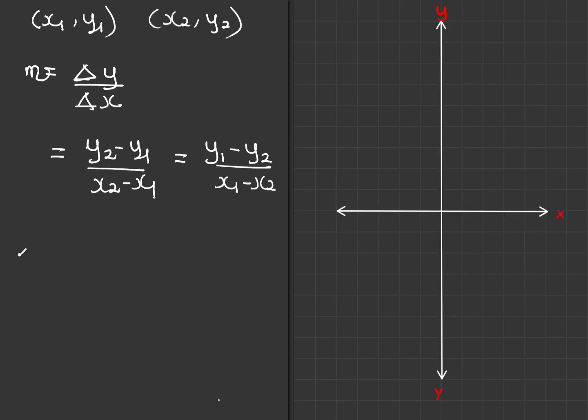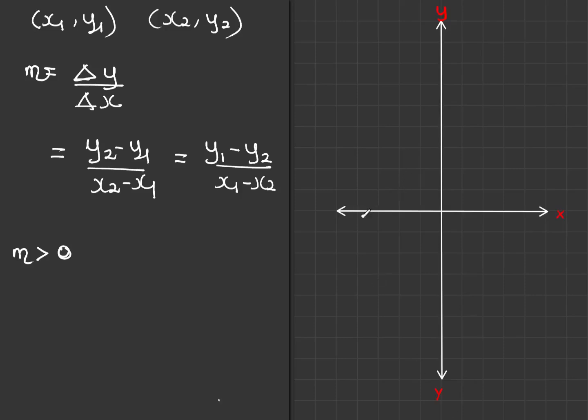First of all, if our gradient is greater than 0, we say you are having a positive slope. That is, the line you are talking about has a positive slope. One characteristic of a line that has a positive slope is that it rises from left to right.